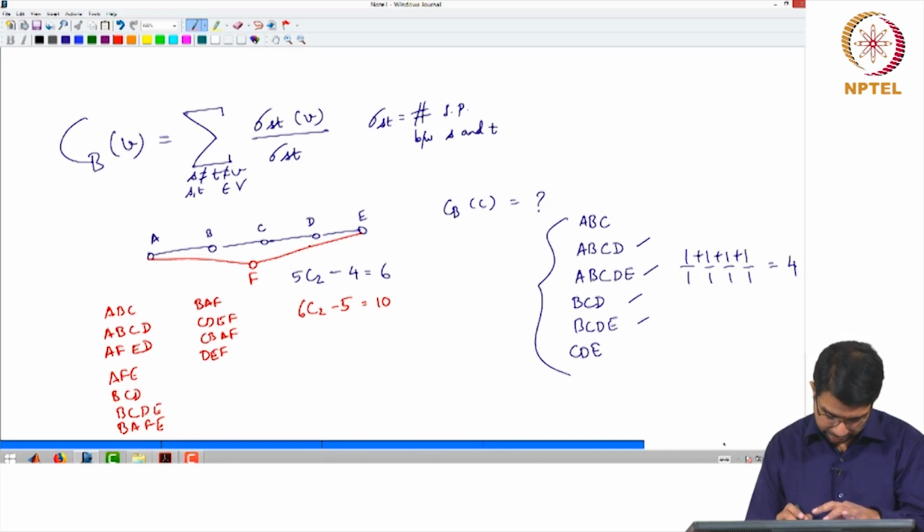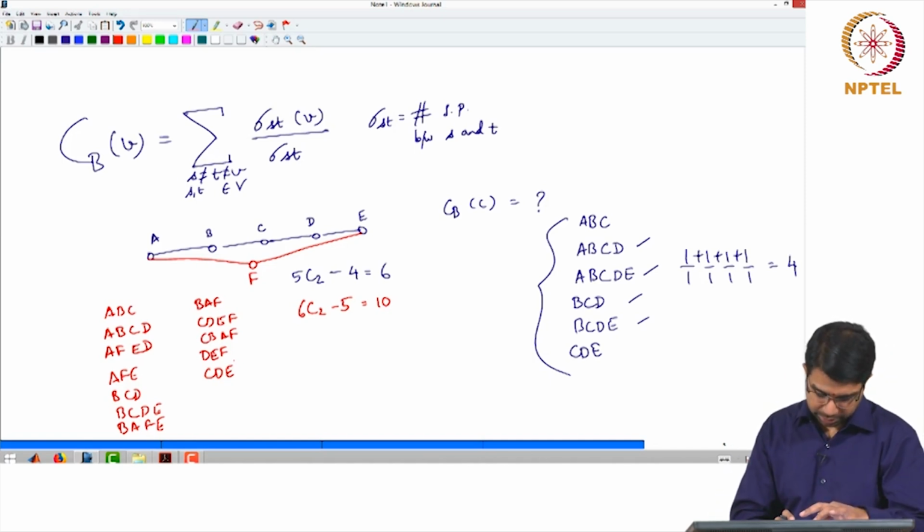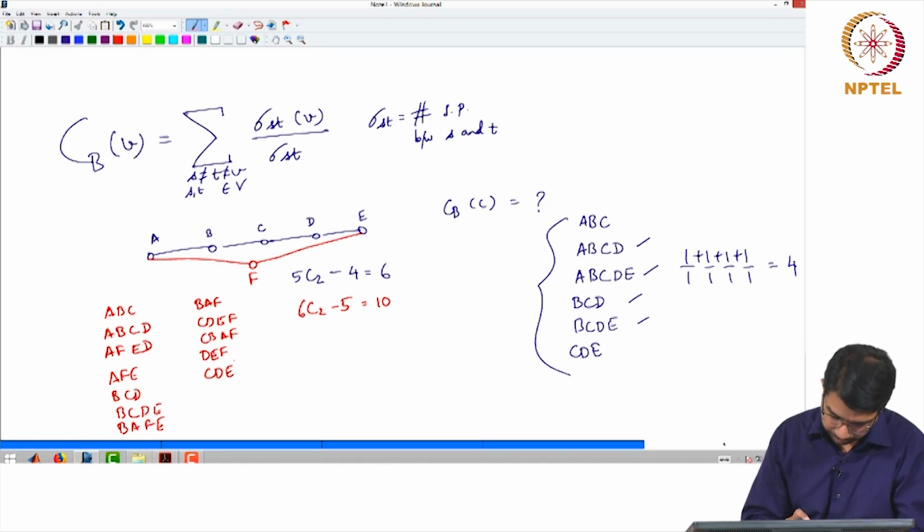Then CDE is missed out. You have CDE, and then you have DEF, then there is still one missing path I guess.